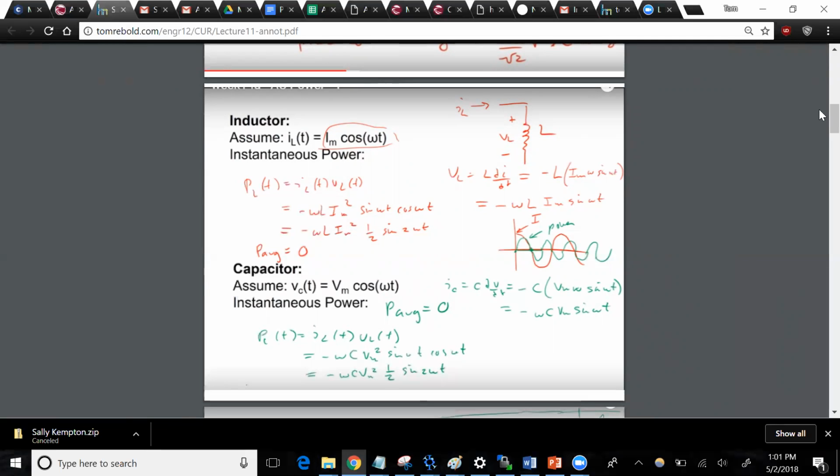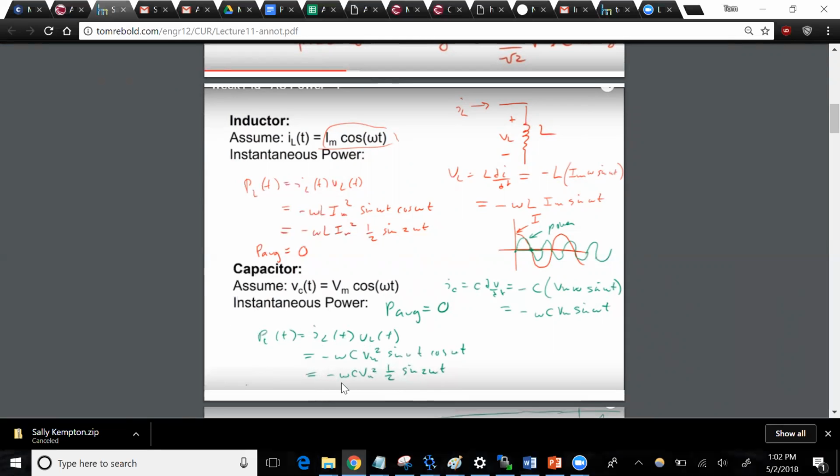I was kind of messed up because in this one, we started with a current of I cosine omega t, but then on the capacitor it was a voltage, which is V cosine omega t. And what I had remembered is how the power is sort of flipped, the average power. Wait, I'm not even looking at the right slides. So this is the stuff in the slide, and I said fix this because I didn't finish this.